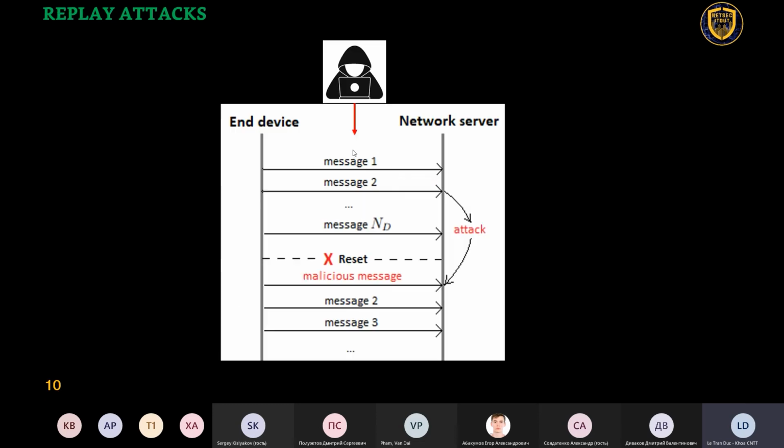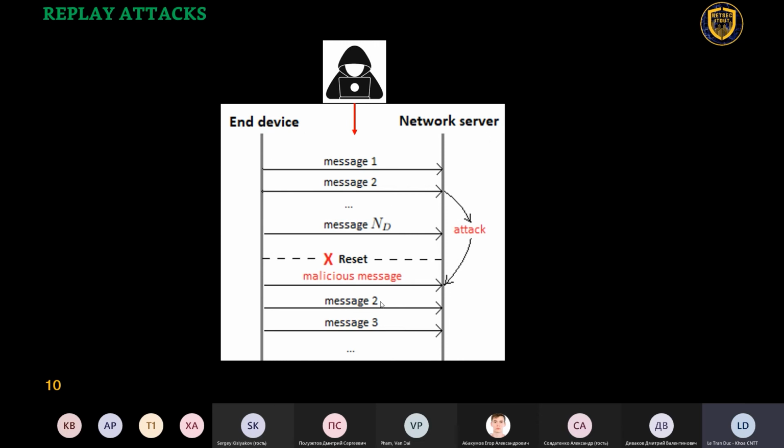Let's go on. Here is the second attack I want to show you. This is the replay attack, and it relies on characteristics of the uplink counter or downlink counter parameter. An attacker may capture the message between the end device and network server.